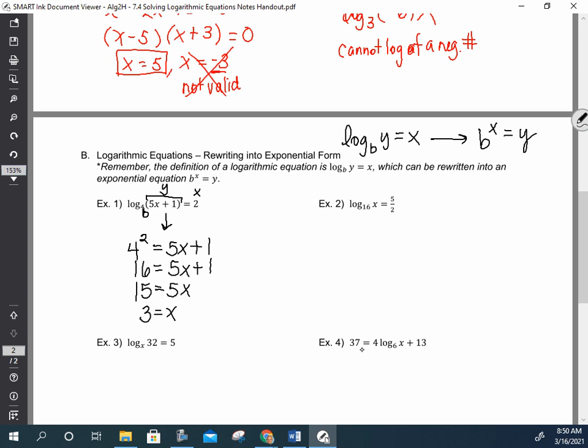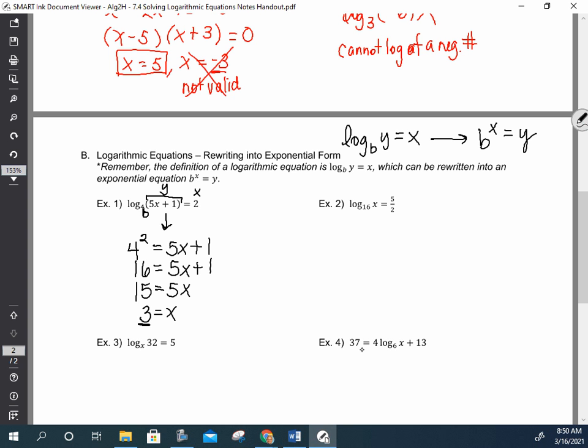So again, same rules apply. This 3 can't make the y negative, and the base can't be negative. The x can do whatever it wants. X can be whatever number it wants. It's the base and the y component that can't be negative.